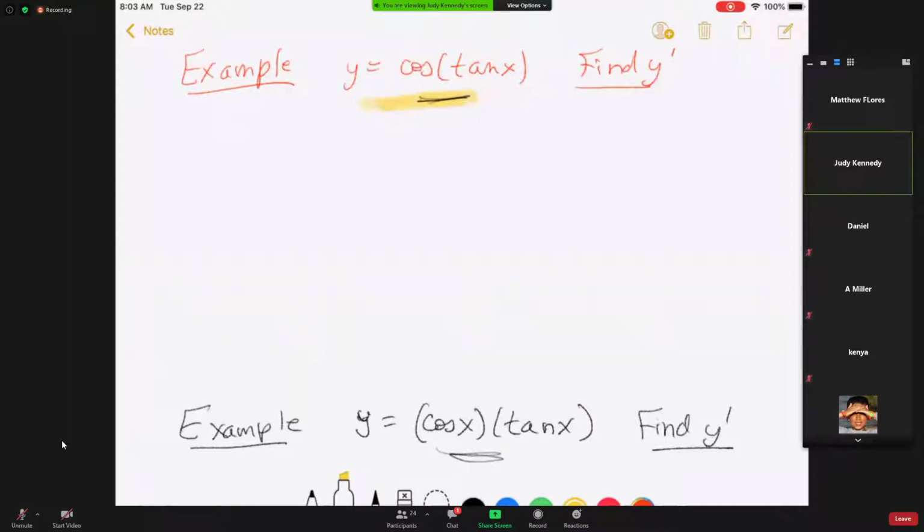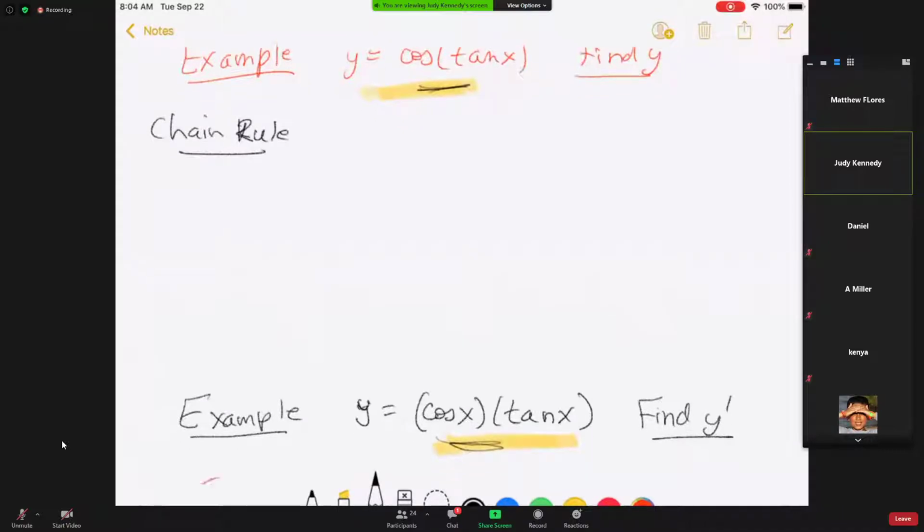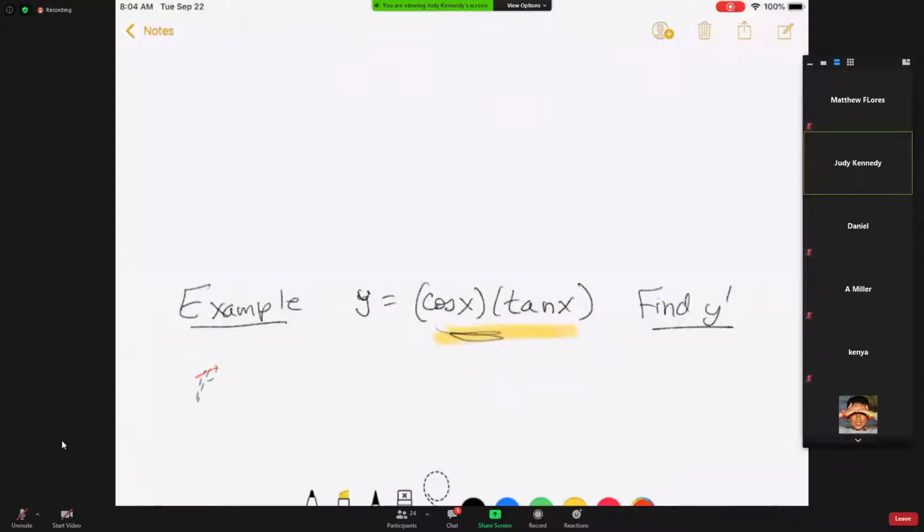You're taking the cosine of the tangent of x. Here, I take the tangent of x, I take cosine x, and I multiply them together. So this is going to require the chain rule, and this one's going to require the product rule.